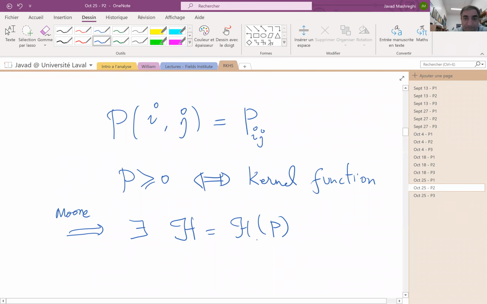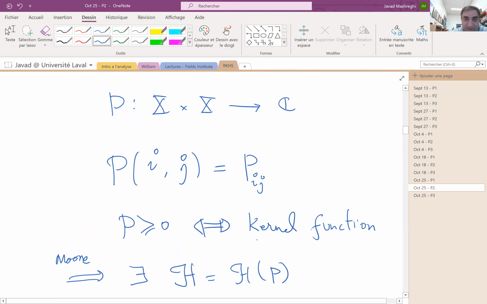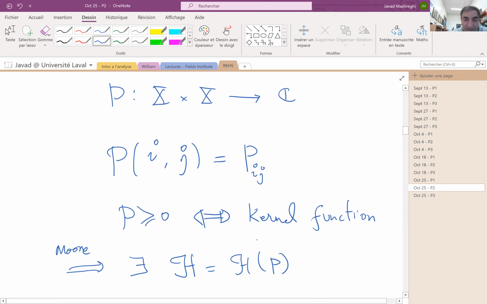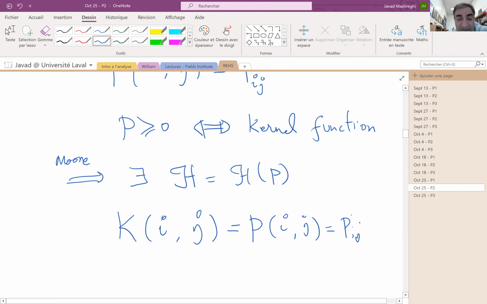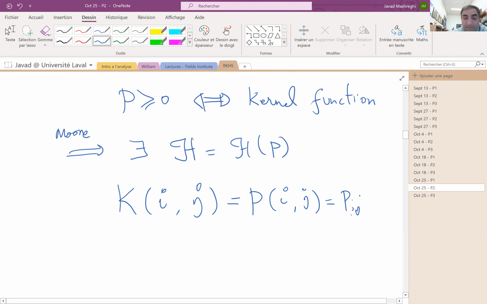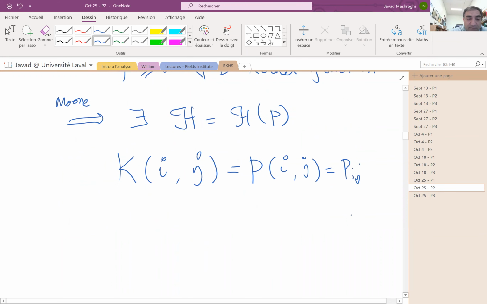The first thing, it comes out of this. The kernel, which I wrote P_ij, let me use our old notation. Let me write K for the kernel. What is the kernel function, little k?